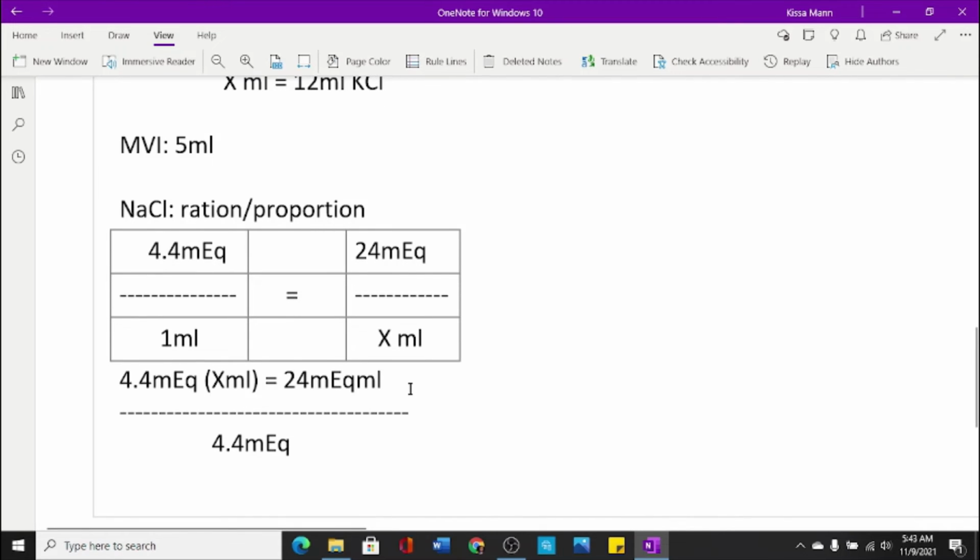Our unknown volume of X milliliters equals 5.5 milliliters of our sodium chloride.